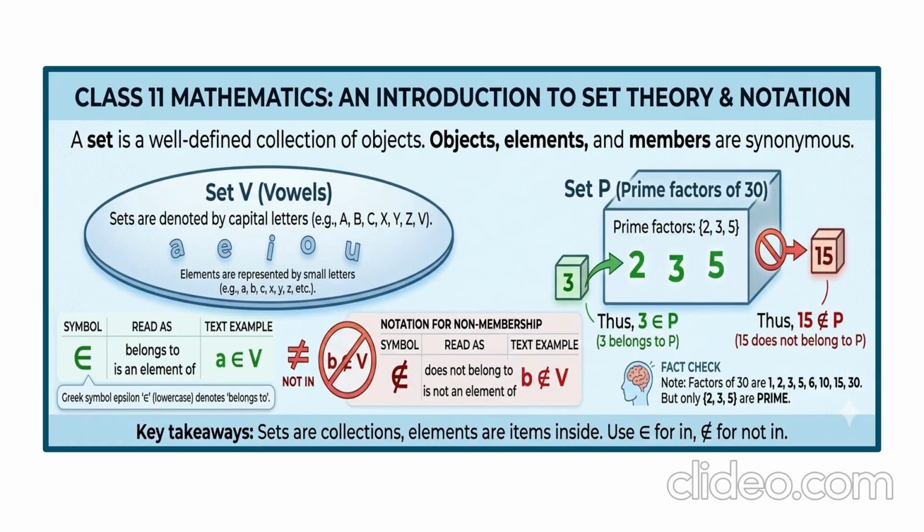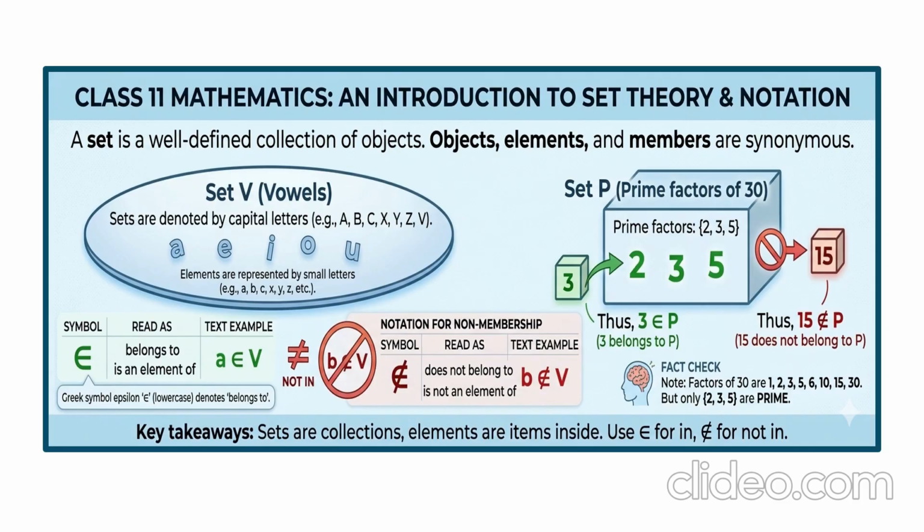Now going forward, we'll learn about the symbol which shows belongs to. Where will it be used? Belongs to shows that when we are asking whether a particular element belongs to our set or not, in that case we have to write a symbol.